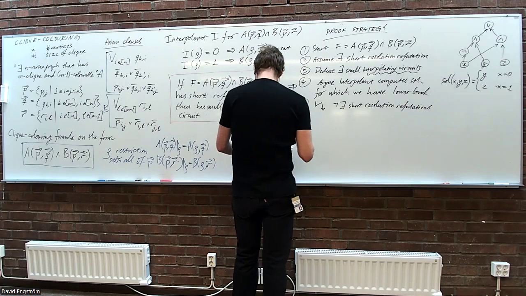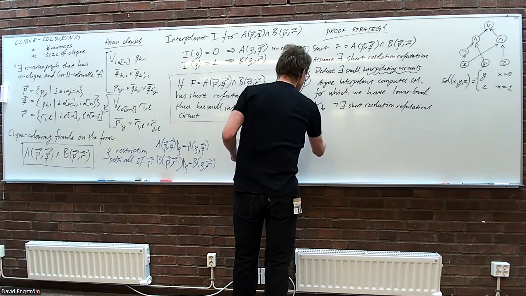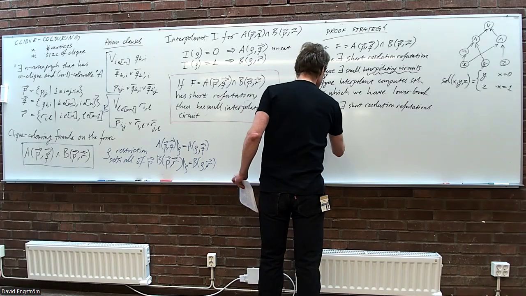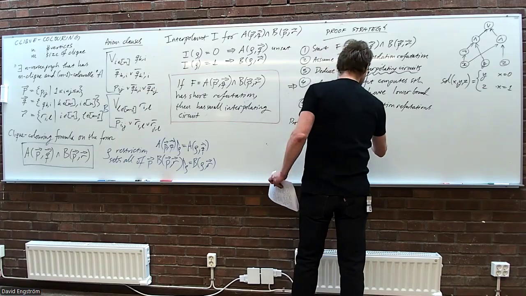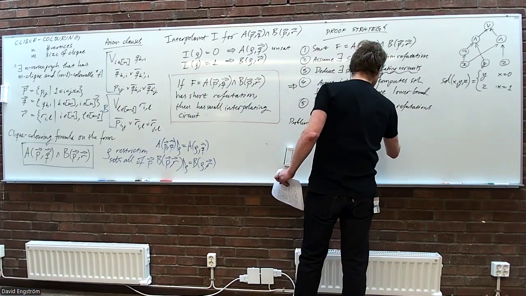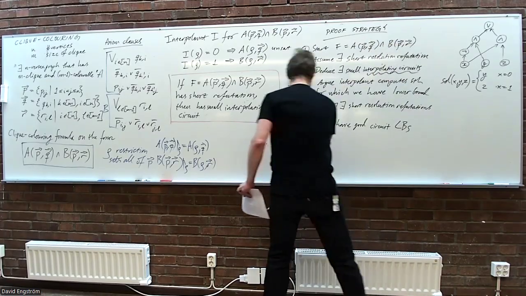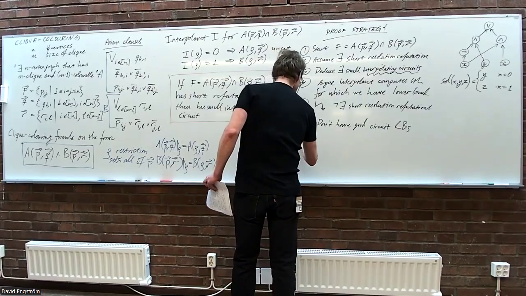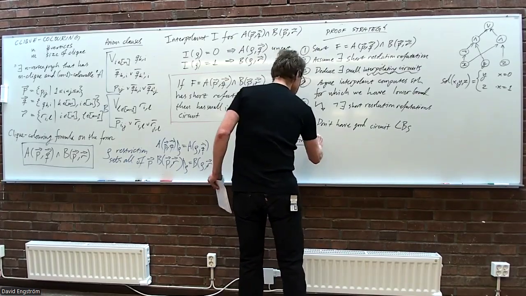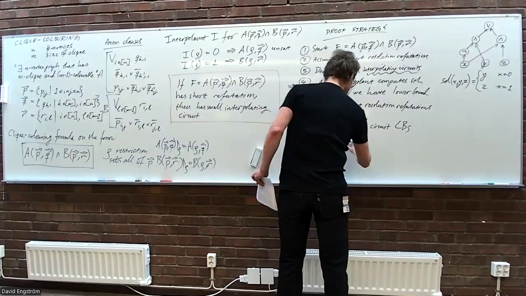Let me write this down: the problem is that we don't have good general circuit lower bounds. That's a real problem. It's a bummer. So the way we're going to fix this is we're going to extract monotone circuits.